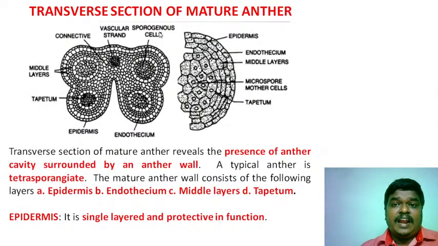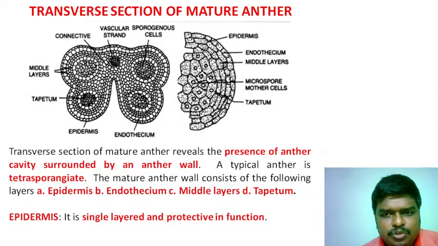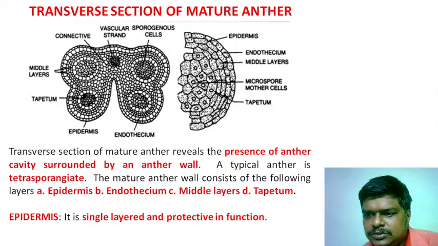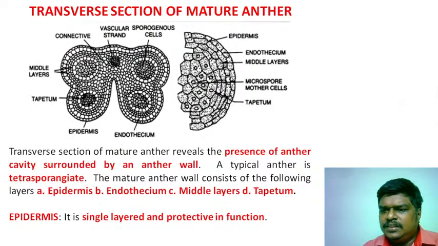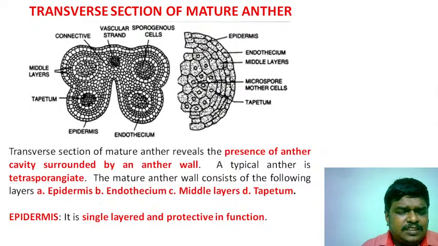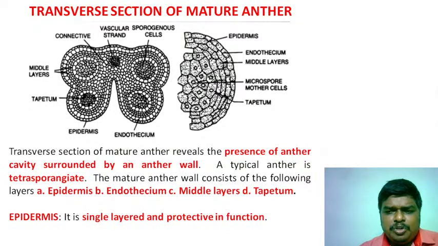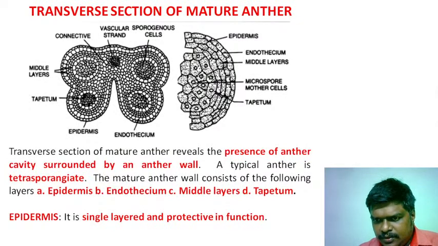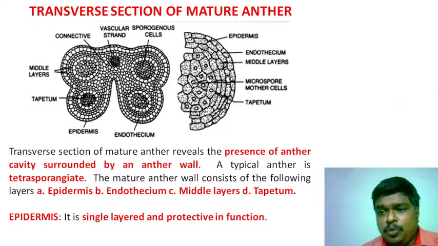This is the transverse section of matured anther. Okay. Yes, Shruti. Sir, why do the sporogenous cells undergo mitotic divisions and others don't? Okay. The sporogenous cells are the ones which are supposed to form the mother cells, the microspores.